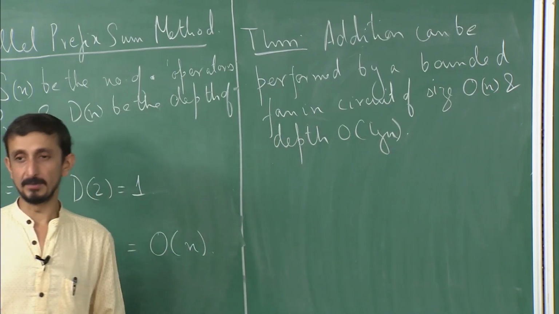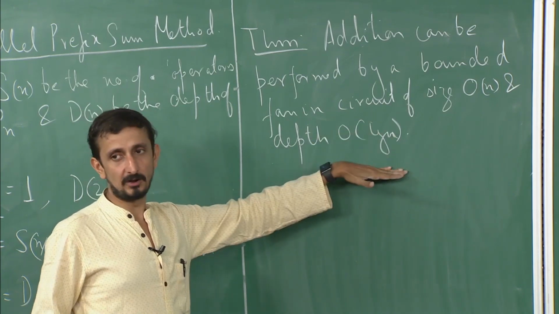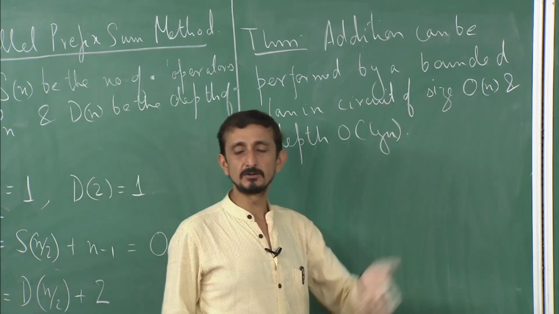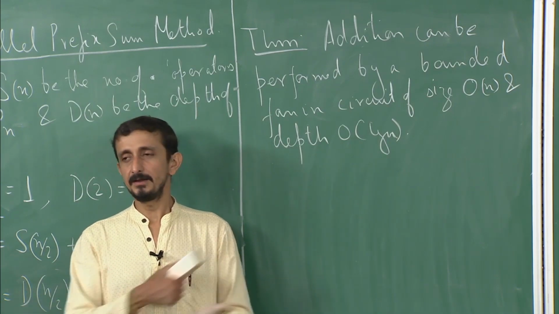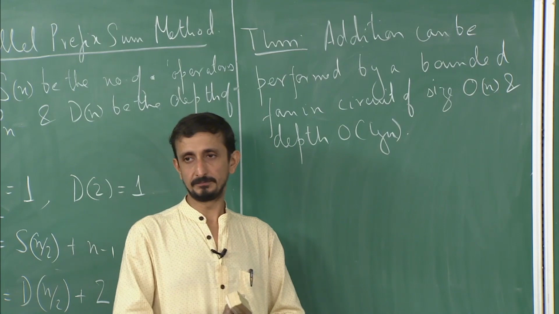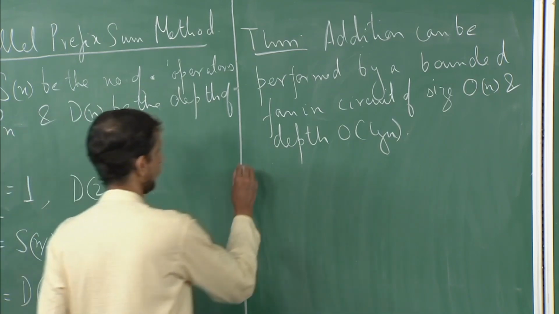And this is actually optimal. We saw that of course you cannot have a depth lower than log n, and you cannot have a size less than linear, because if it is less than linear you cannot even read the entire input. So, this is kind of the optimal that we can get.